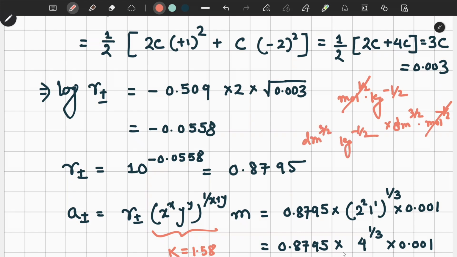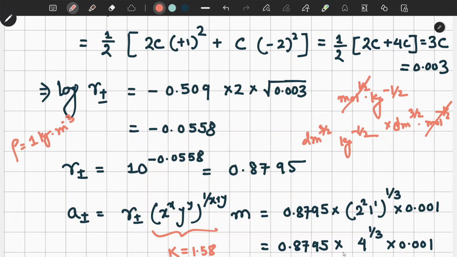Now what is the density of water? 1 kg per meter cube. So the rho is 1 kg per meter cube.